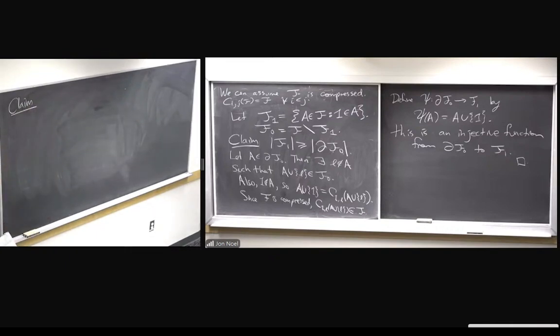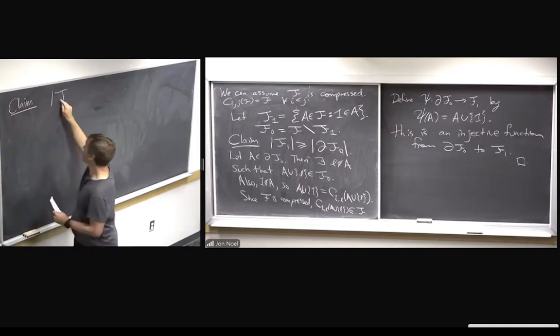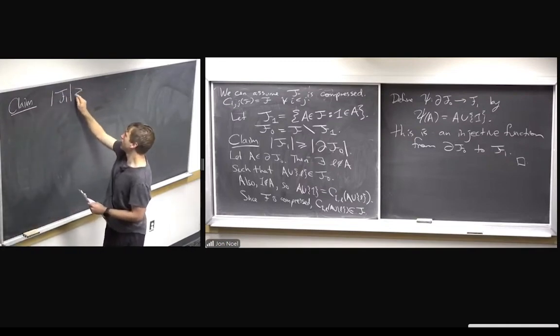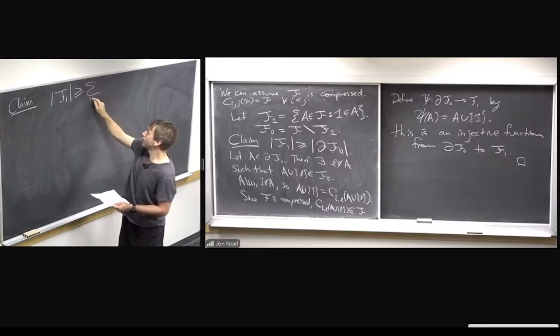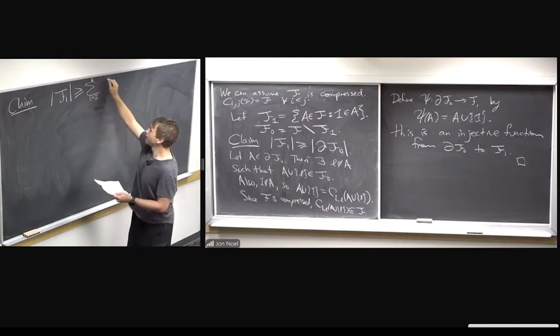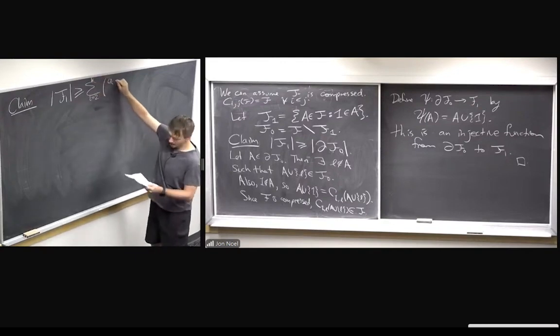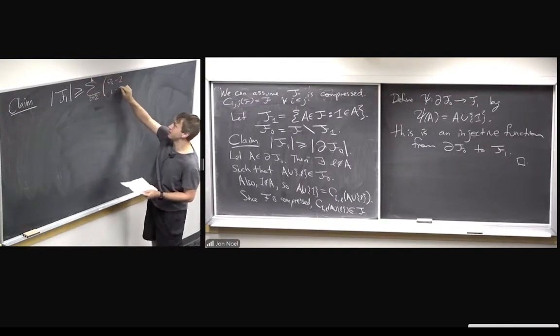Okay, so next I want to show that F1 is kind of big. So the size of F1 is at least the sum from I equals 2 up to k of a_i minus 2 choose I minus 1.